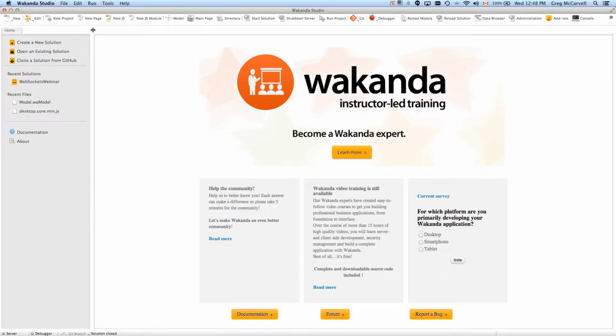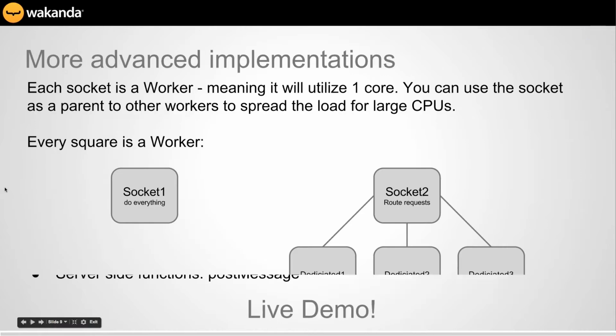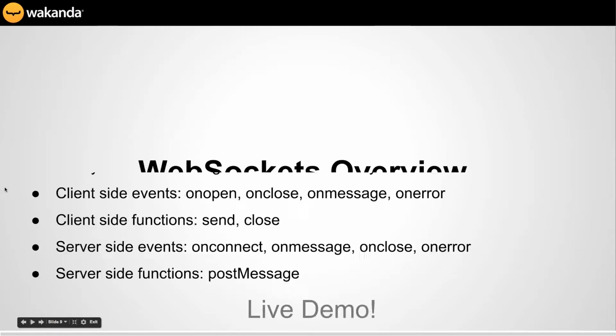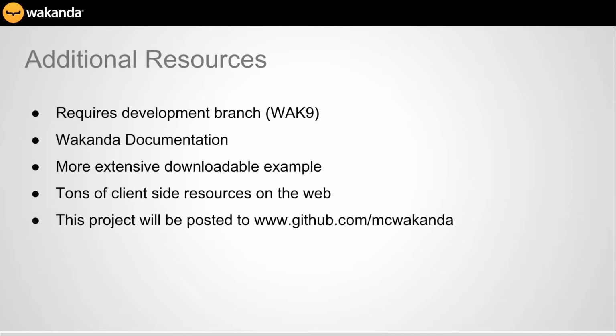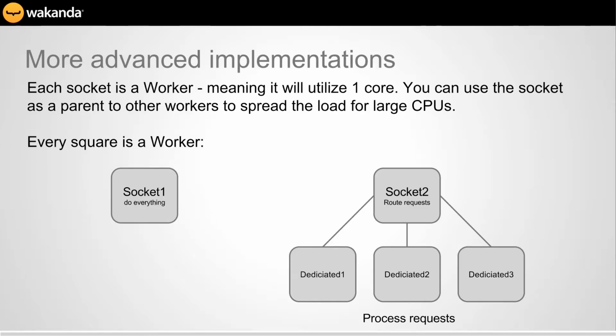Let me go back to the slides here for a minute. Okay, I guess we should talk about this for a second. If you're looking for more advanced implementations, if you have a very high load and you're expecting a really popular site, there are different architectures than what I showed you.